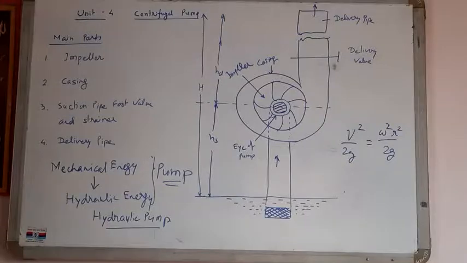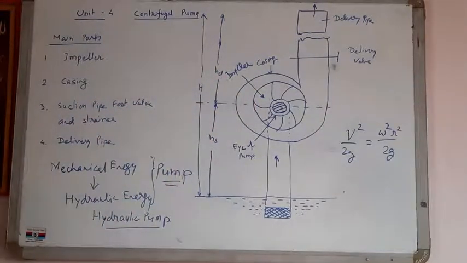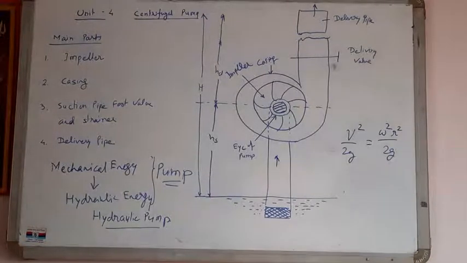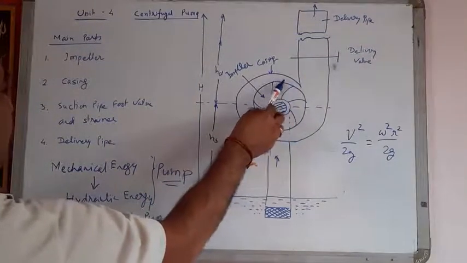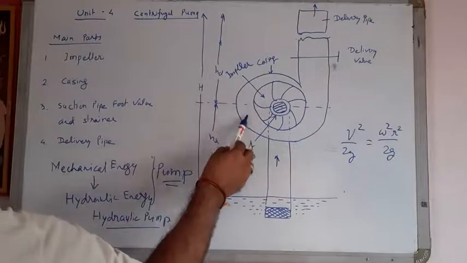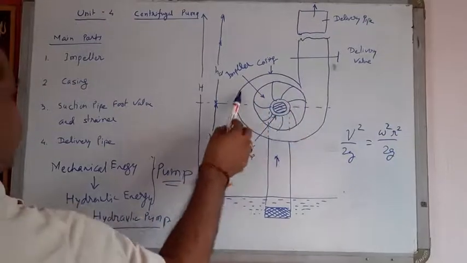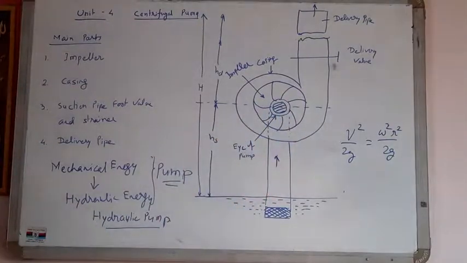Next part is casing. The casing of the centrifugal pump is similar to the casing of a reaction turbine. Here the volume is less and this is increasing volume. Area increases, so volume increases.